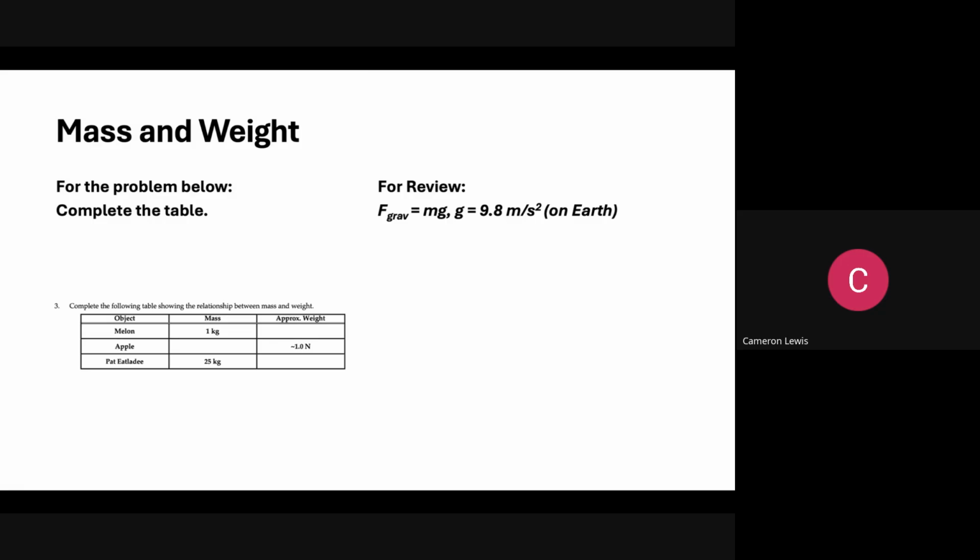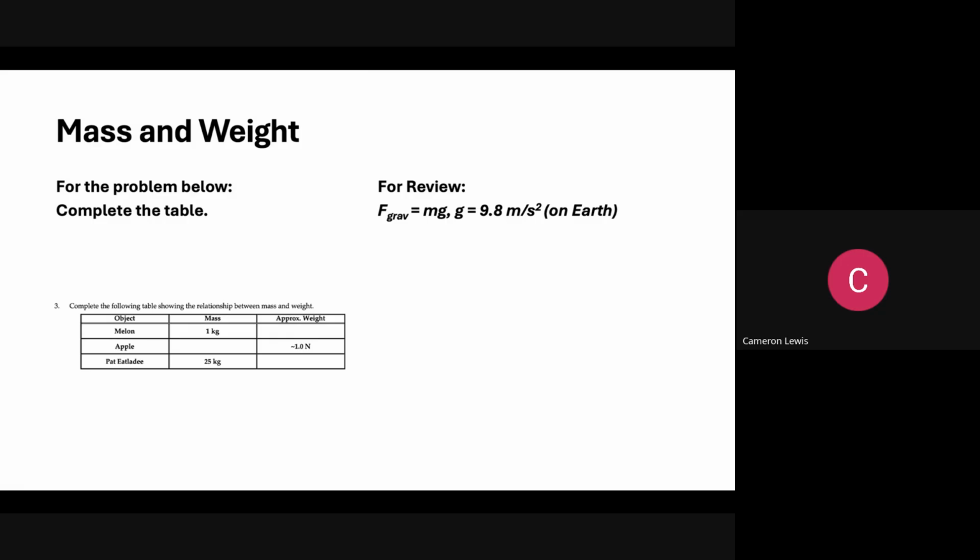We're going to take the mass and multiply. So we should get newtons. There we go, because weight is a force. Newtons is the unit for force. That's the difference between mass and weight.